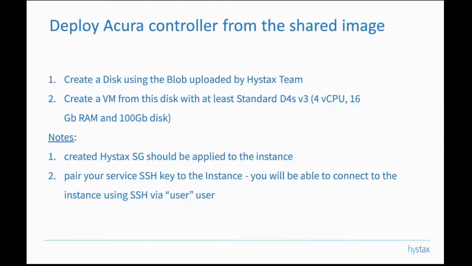Once the image is shared, a disk needs to be created from this blob, and later you create a VM from this disk with at least this flavor: 4 CPU, 60 GB of RAM, and 100 gigs. That's the minimum that we require.